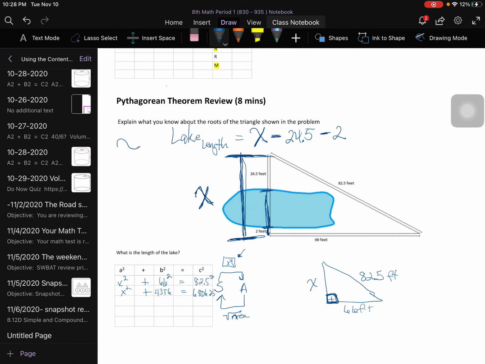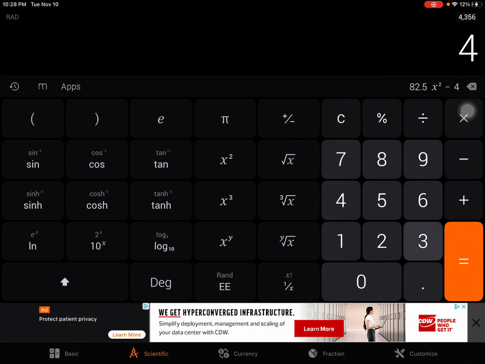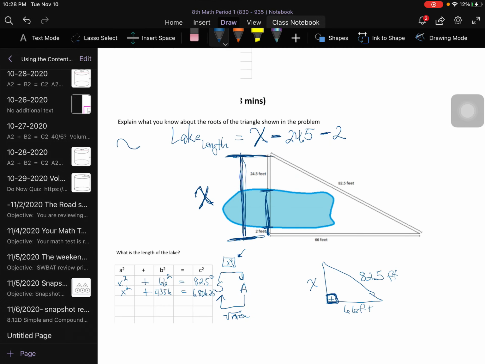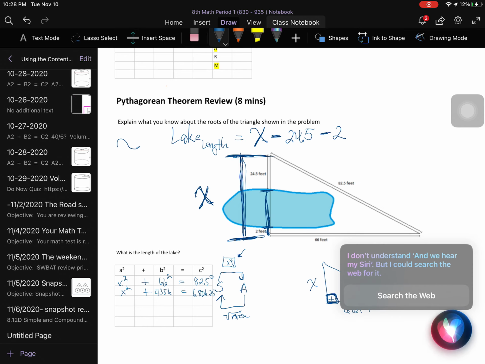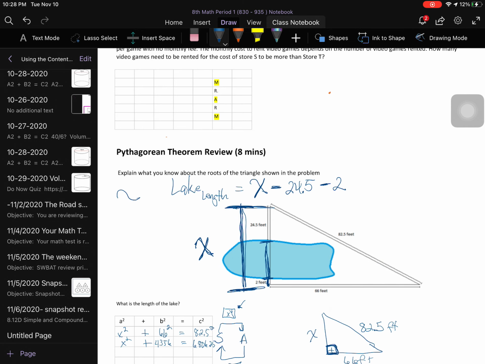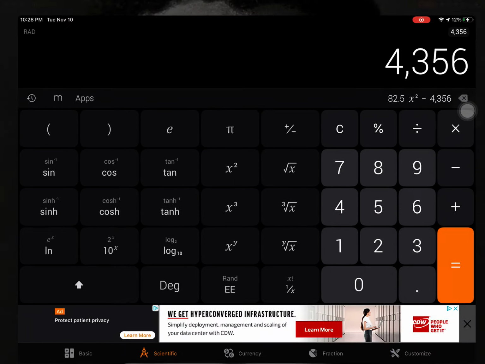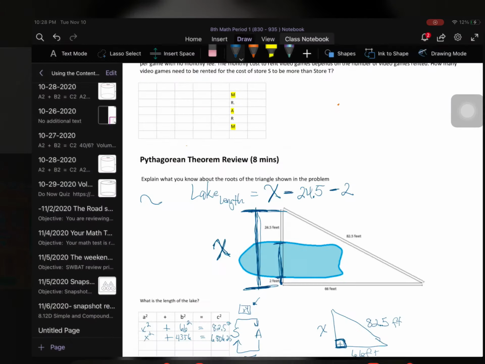And what we're going to do with those two numbers is subtract. So 6,806.25 minus the 4,356, and that equals 2,450.25.